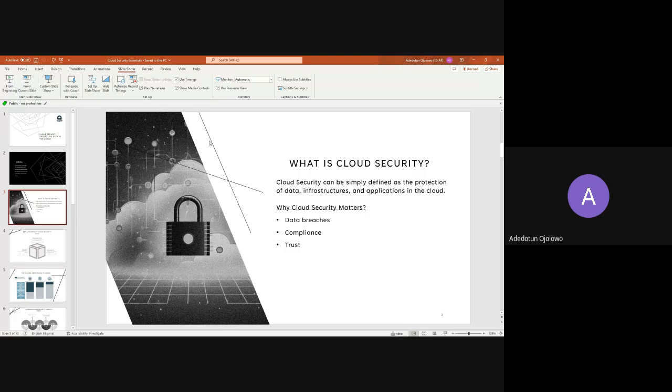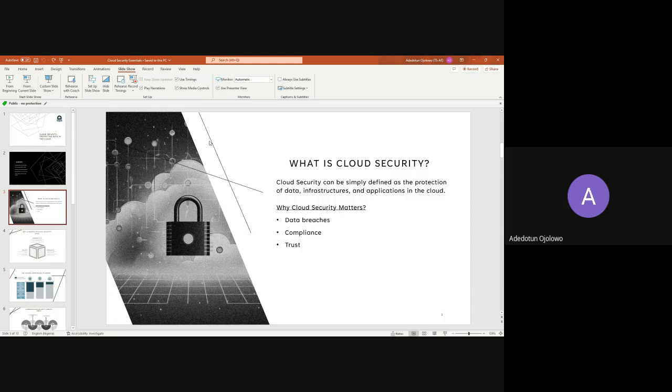For example, different countries have their own compliance regulations. In Europe, you have GDPR. Japan has its own, the Privacy Act. China has theirs, where if you are operating in the China region, you can't move the data out of China. Russia is also like that, and so many other countries.